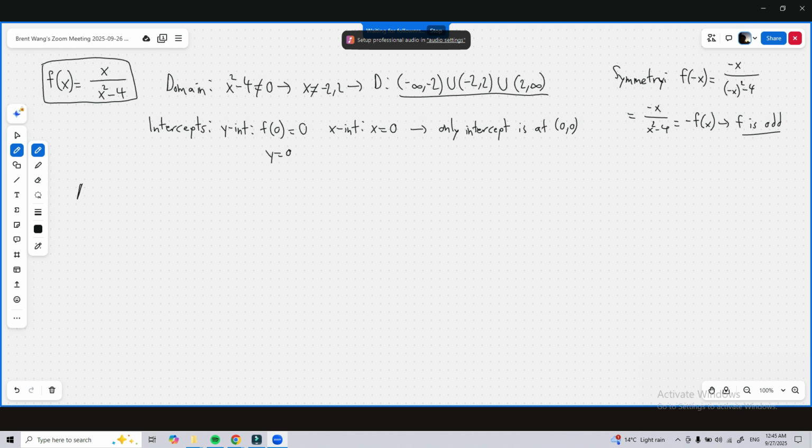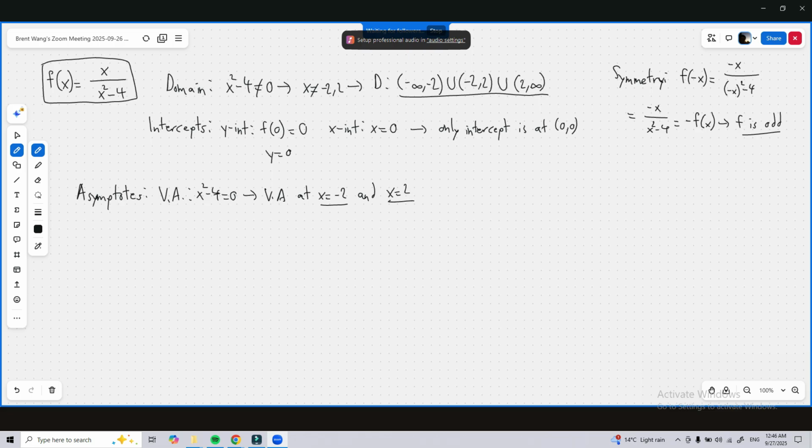Asymptotes. Let's look at our vertical asymptotes first. x squared minus 4 equals 0, so there are vertical asymptotes at x equals negative 2 and x equals positive 2.